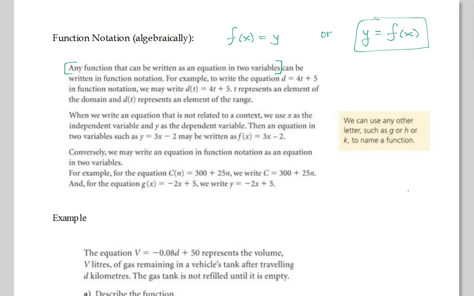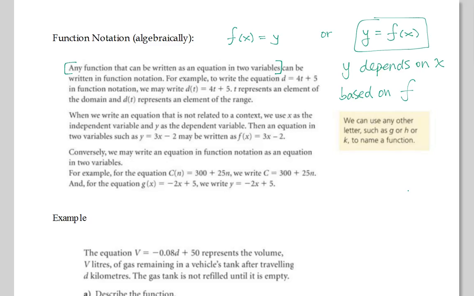The y depends on the x. And how does it depend? Well, it depends on the function. So y depends on x based on f. Whatever the function tells you to do, it's going to take those x's and make them y's.